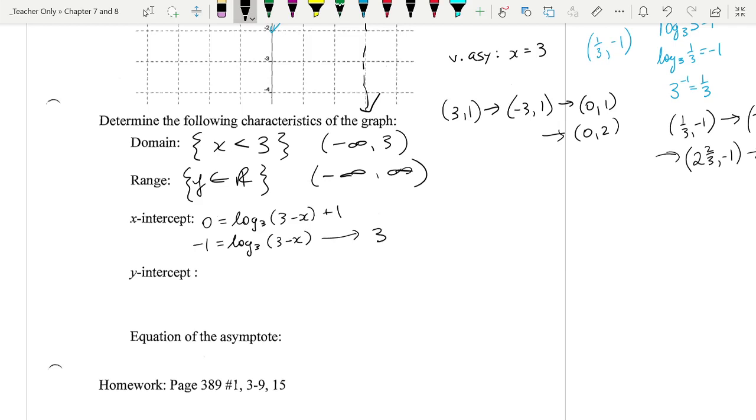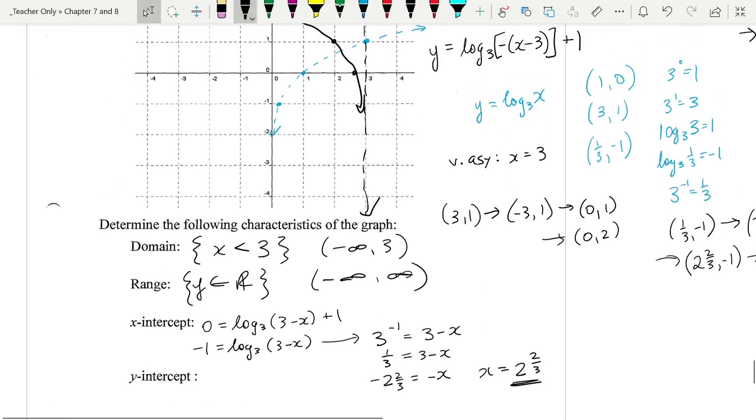Base of 3, exponent of negative 1 equals my argument of 3 minus x. 3 to the negative 1 is a third. And then move the 3 to the other side. I get negative 2 2/3 equals negative x. So x is equal to 2 2/3. So there's my x-intercept, 2 2/3, which I kind of knew. That was one of the points we graphed, wasn't it?